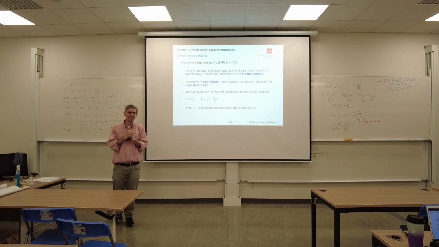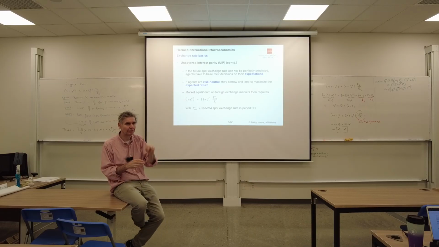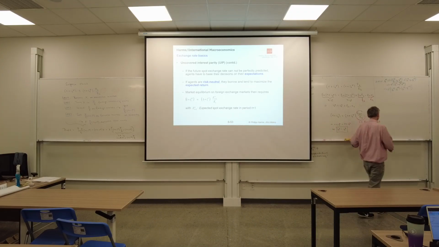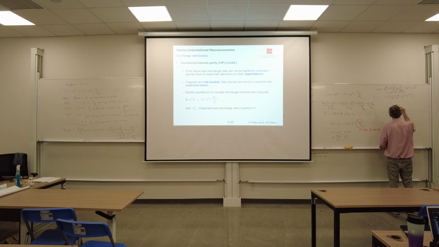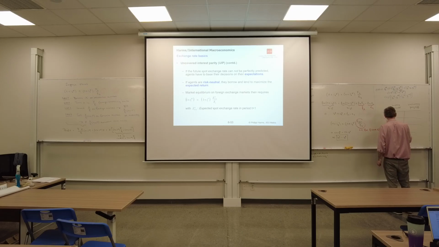Let me give you an example. Suppose I'm offering you a lottery, and a lottery has two payoffs. Let me put this on the whiteboard. There's a lucky payoff and an unlucky payoff. And there are lotteries A, B and C, and in each you have a 50% chance to be lucky and a 50% chance to be unlucky.